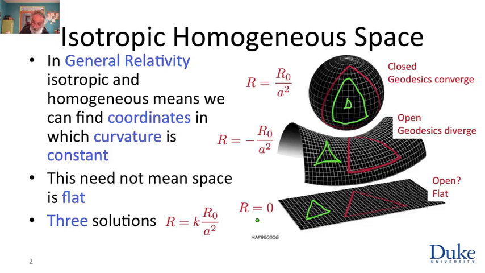So what I'm saying here is that I can take the same sphere and make it bigger or smaller, and if I keep a constant size triangle on it, the sum of the angles of the triangle on a big sphere will be closer to 180 than the same triangle on a little sphere. And because R0 has dimensions of inverse area, if you double the radius of the sphere, the area goes as the square of the size of things.